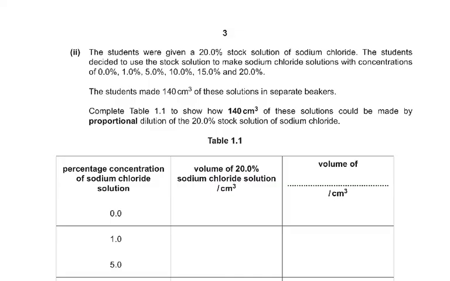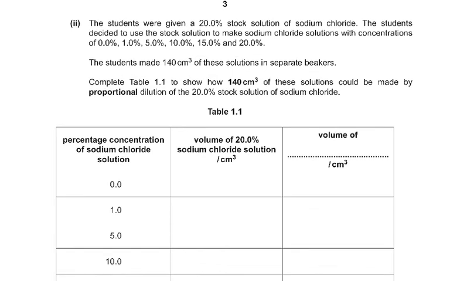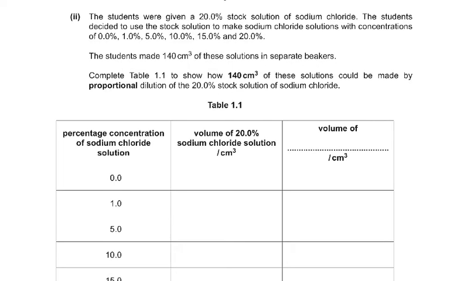Now let's read the rest of the question. The students were given a 20% stock solution of sodium chloride. The students decided to use the stock solution to make sodium chloride solutions with concentrations of 0.0, 1.0, 5.0, 10%, 15%, and 20%. So basically you were given 20% and now you have to dilute it and make 0, 1, 5, 10, 15, and 20%.